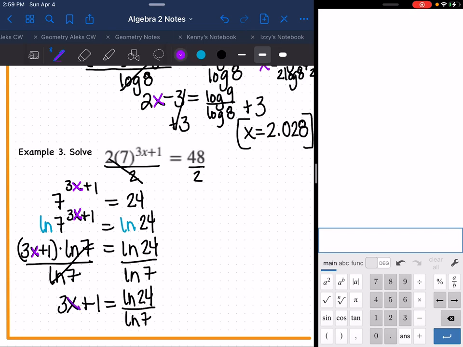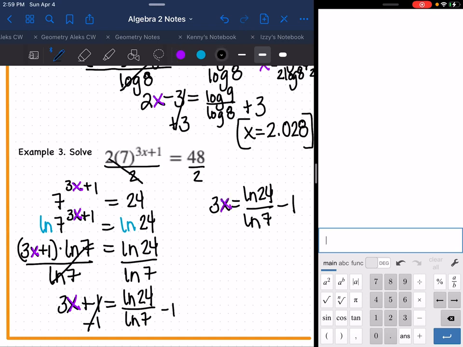All right, just like in the last one, my x is not alone, so I'm going to have to move the 1 by subtraction and then divide by 3. So I'm going to subtract the 1. I end up with 3x equals the natural log of 24 divided by the natural log of 7 minus 1.